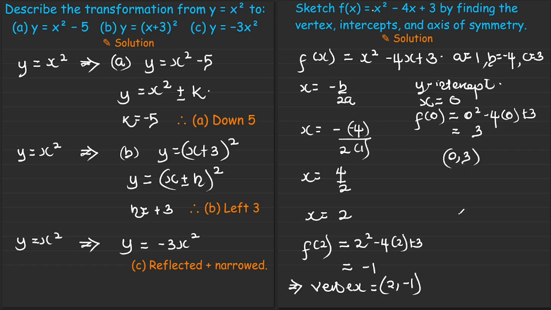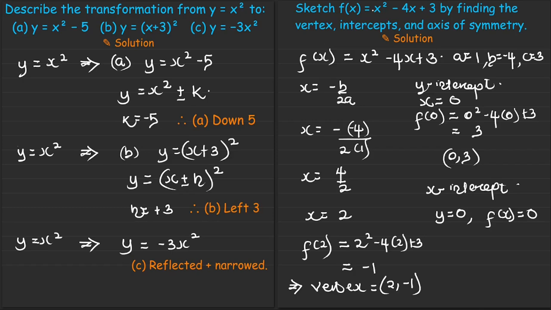The next thing we need is our x-intercept. For the x-intercept, it simply means our y is equal to 0. And if our y is equal to 0, then the function f of x is equal to 0.